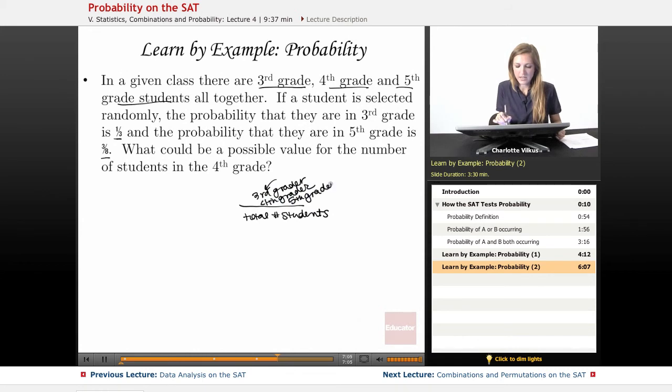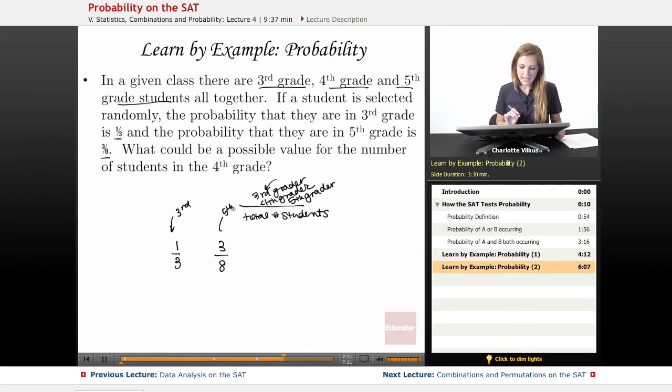And I'm given the probabilities for 3rd and 5th grade, which are 1/3 and then 3/8.